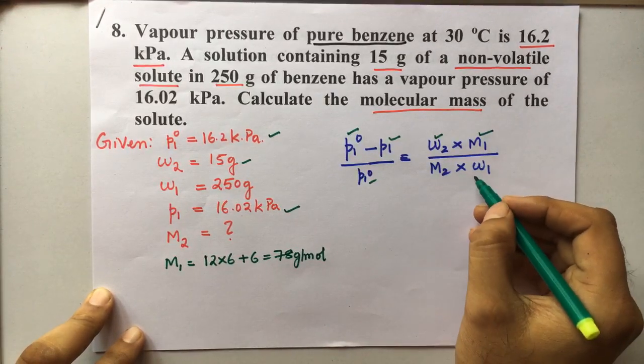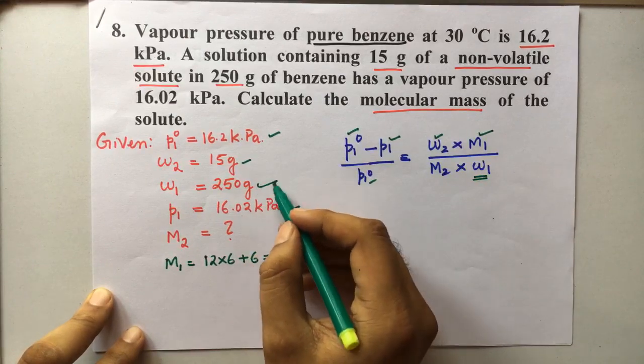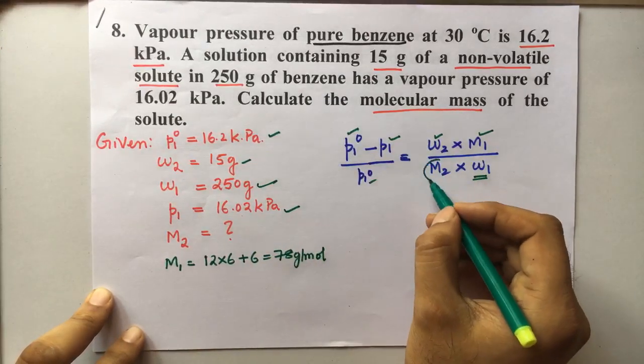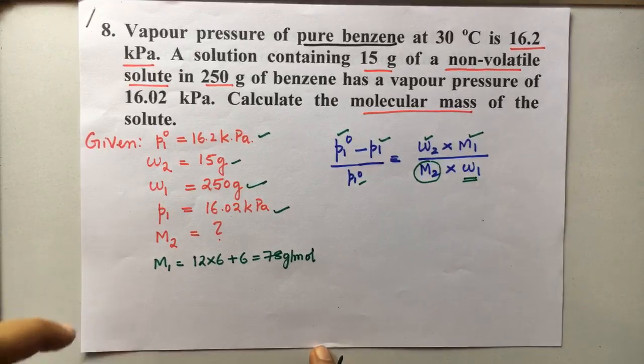This is known. W1 is already given. So therefore we have to calculate M2. Let us first substitute. For writing the formula usually you will get 1 mark. Now substituting all the values here: what is P1 naught?